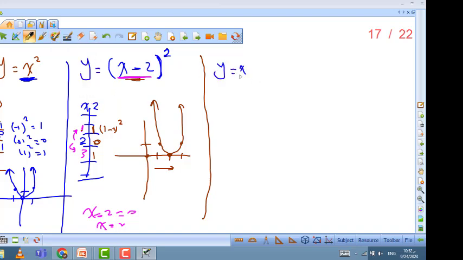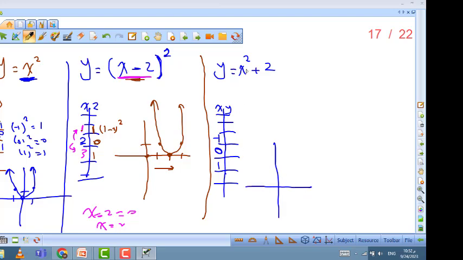y equals, for example, x squared plus 2. x is not moved, so my x is still the same, 0. Take a value before and a value after, then substitute to graph. -1 squared means 1. Look, -1, you must put brackets. Be careful, guys.